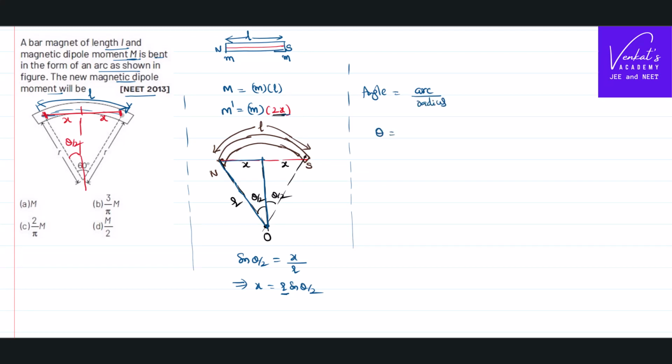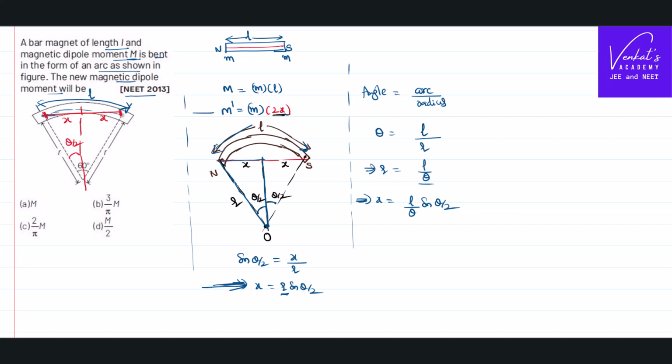So, the total angle theta, this angle theta, arc is given for us in the problem because the magnet itself is bent like an arc of radius r. It implies r can be written like L by theta. Put that arc value in this equation. That implies x becomes, in the place of r, L by theta sin theta by 2. I got the value of x now.